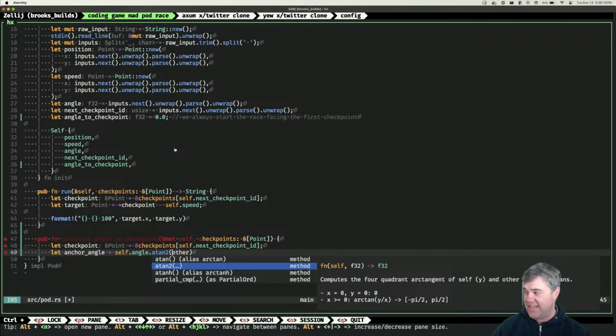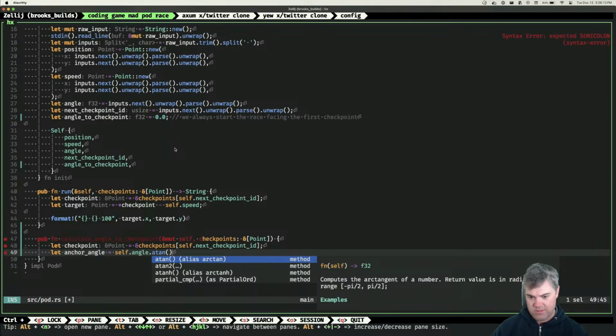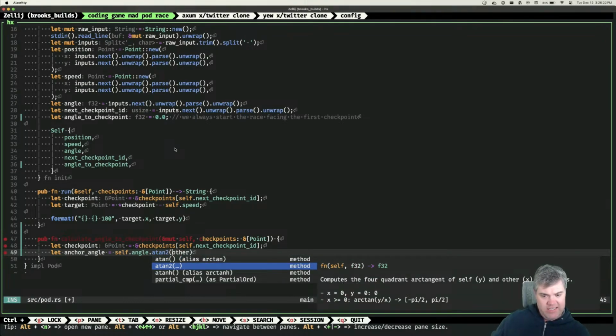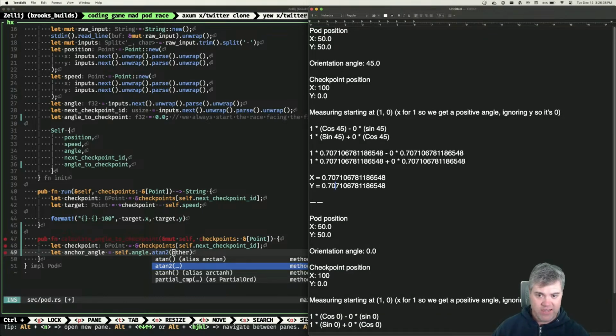A tan and not a tan 2? No, I don't think that's right either. The problem is atan2 only takes in one thing, and there needs to be an actual number. I can't do it off of f32, I have to do it off of a specific number. So I was trying to do it based upon the angle, the theta that we were using here, like off of the 45.